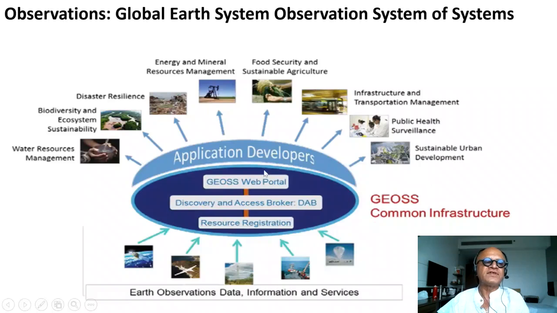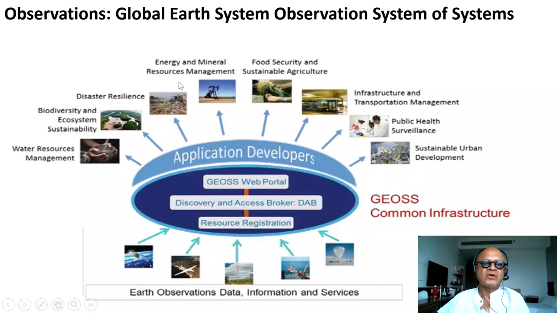There is a common infrastructure, so it wants to cover water management, biodiversity and ecosystem sustainability, disaster resilience, energy and mineral resource management, food security, sustainable agriculture, infrastructure, transportation, public health, sustainable urban development. Those are the application developers using the various GEOSS data.